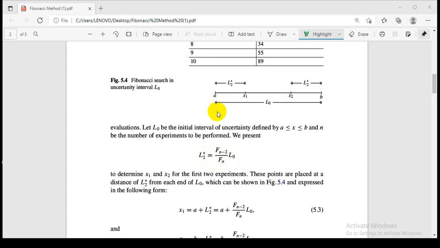This is the length of the interval AB, equal to L0, and this L2 star equals Fn minus 2 over Fn multiplied by L0.